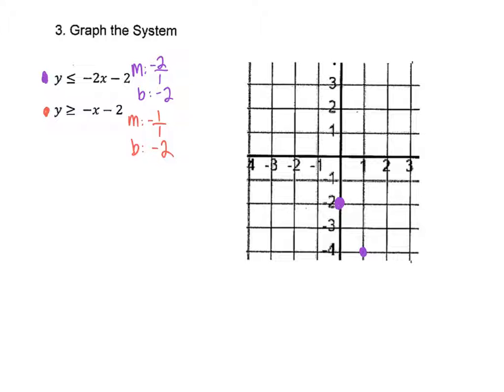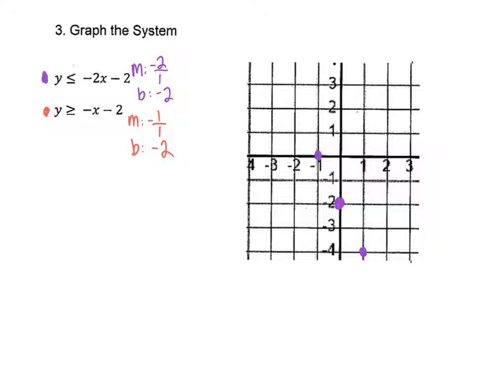What happens when I run out of space? Go the opposite way. Reverse it. So I'm going to go back to my y-intercept, and instead of down 2, I'm going to go up 2 and left 1. Keep it in a straight line. If you make a dot and it doesn't hit the straight line, then you went the wrong direction.